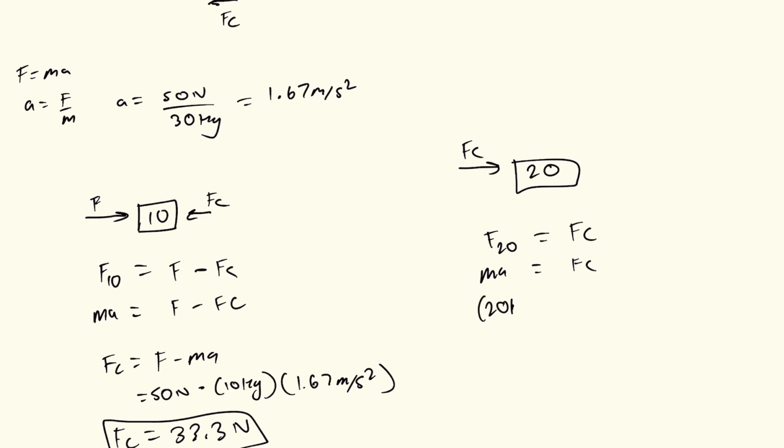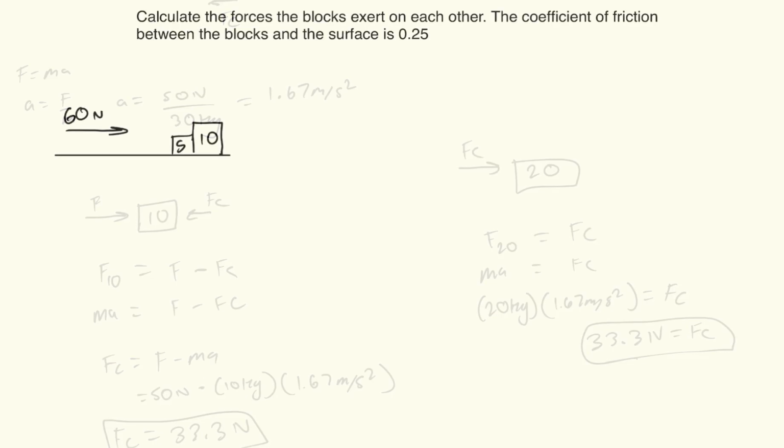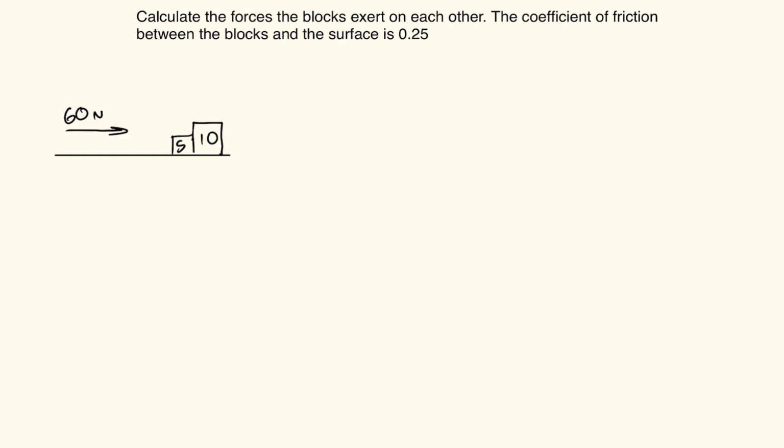Plugging in, 20 kilograms times 1.67 meters per second squared is equal to FC, and 33.3 newtons is in fact equal to FC. So as we can see, the contact force on both blocks is the same, meaning we did the question right.